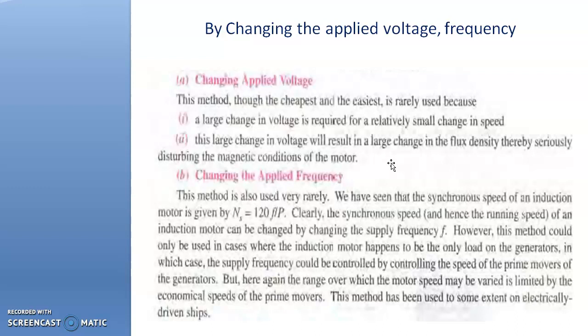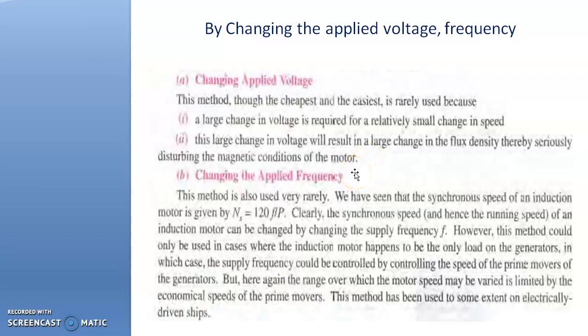And if flux density of the motor is disturbed, then if it is increased dangerously, then the motor may enter into saturation region, or if it is decreased, then the torque capability of the motor will also be decreased.